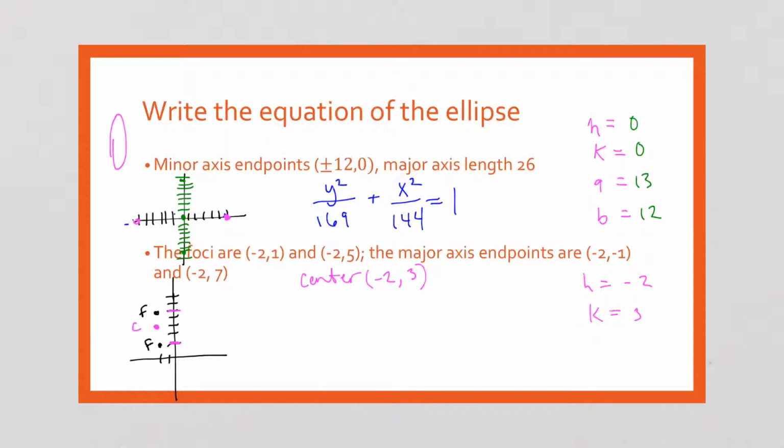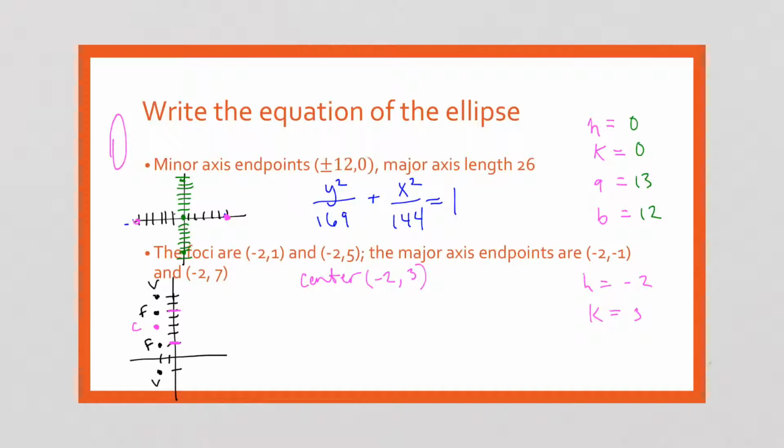So the major axis endpoints are -2, -1. There's my vertex. And -2, 7. Vertex. So if you recall, A is the distance from my center to my vertex.